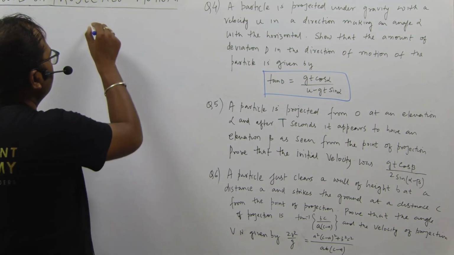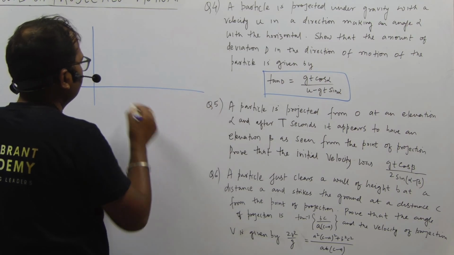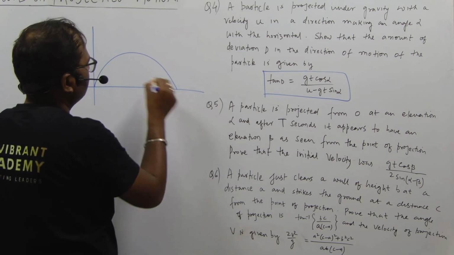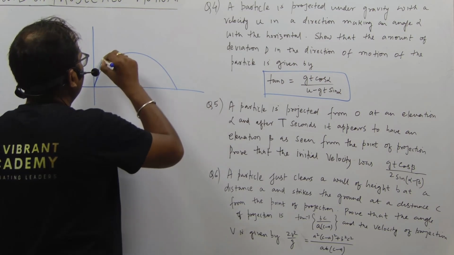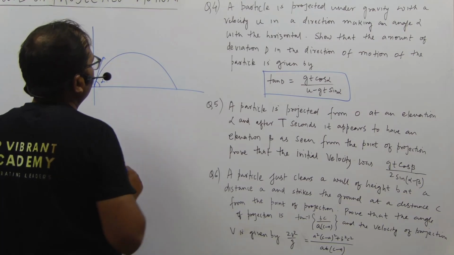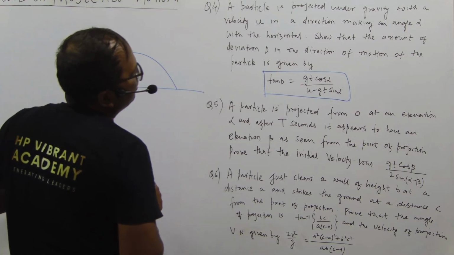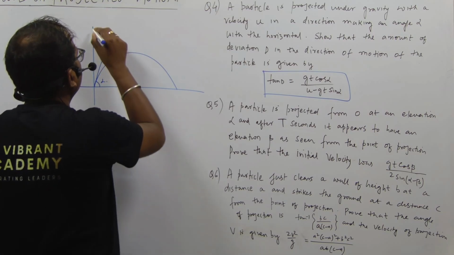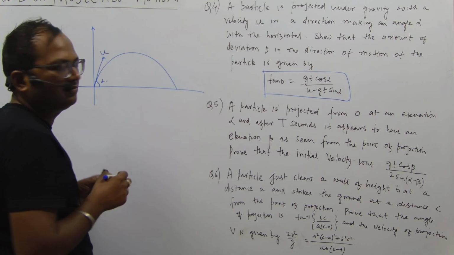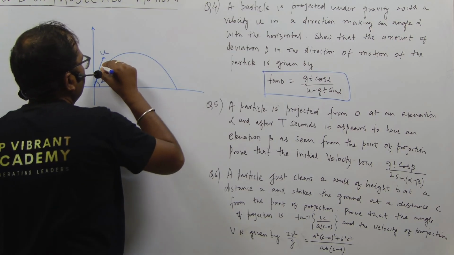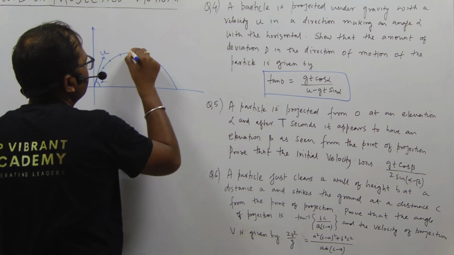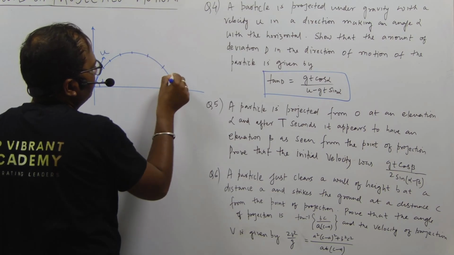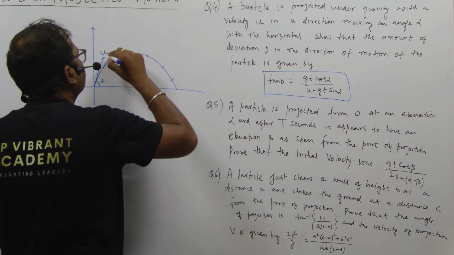Let us draw the projectile. The angle of inclination is given in the question as alpha, and it is projected under gravity with a velocity u. With the passage of time, the velocity at every point is changing.